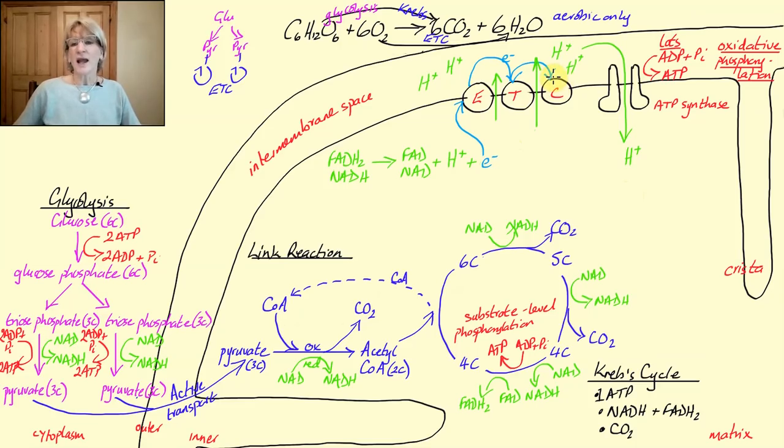And here's another crucial piece of terminology: it meets with half an oxygen atom, because the oxygen is the final electron acceptor for the electrons coming out of the electron transport chain.